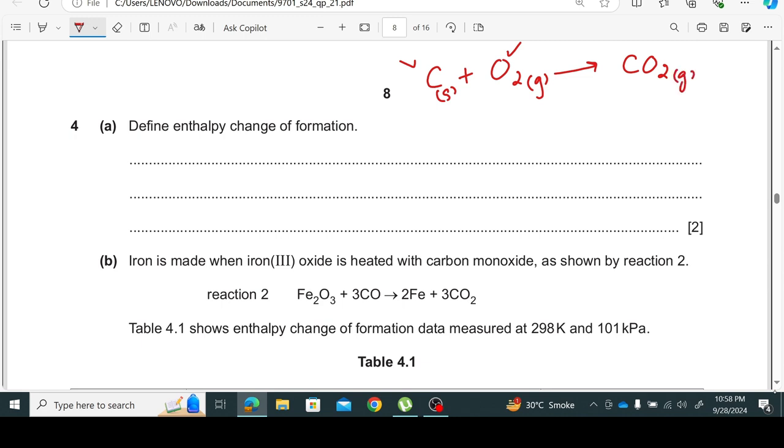So you will write it here, energy change, or you can say it enthalpy change, okay.